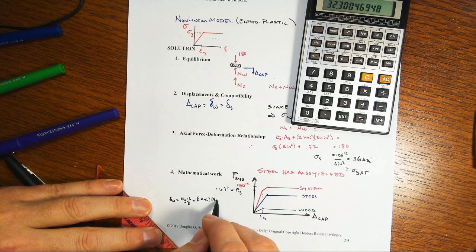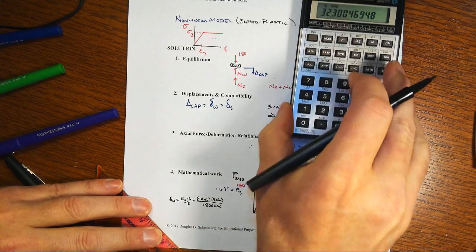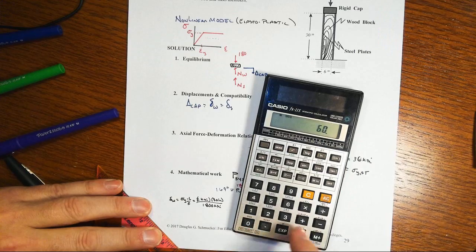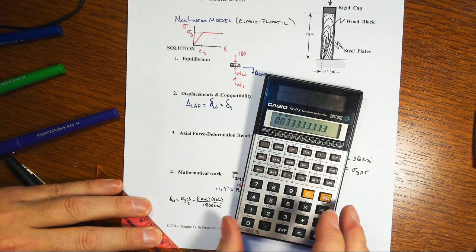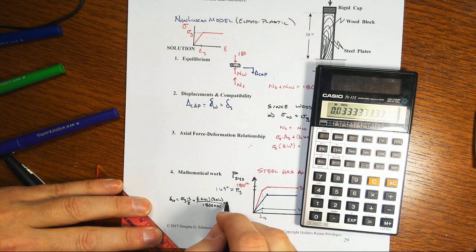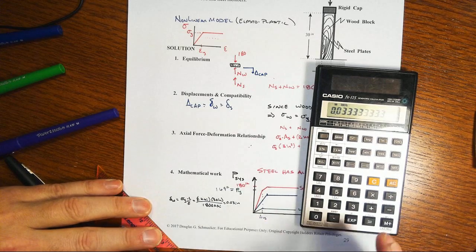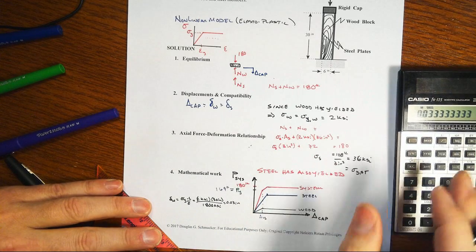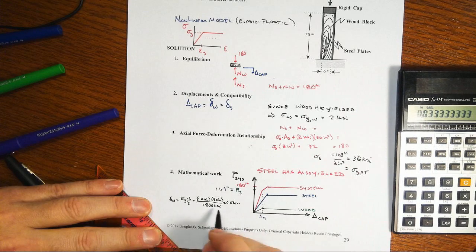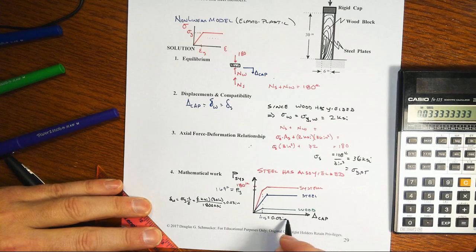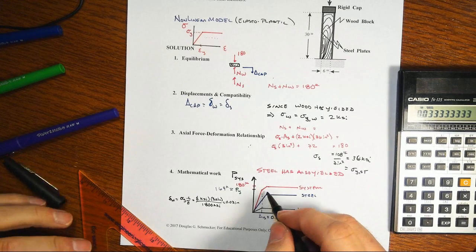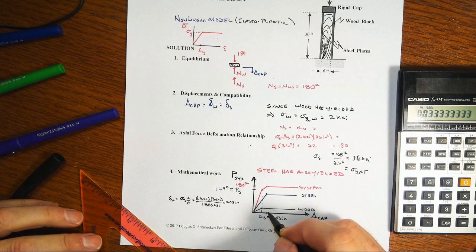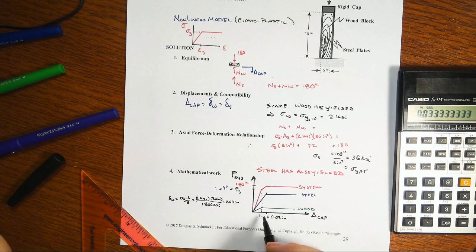It's 30 inches long. It's got an E of 1800 KSI. And we would find that we'd have an axial deformation of the wood of 0.03 inches. Really, obviously 0.0333 repeating. And since little delta W also equals the system displacement in this problem, that would be about 0.03 inches.